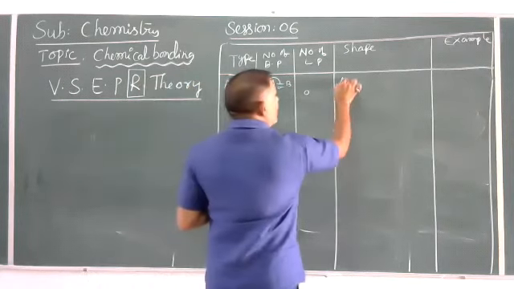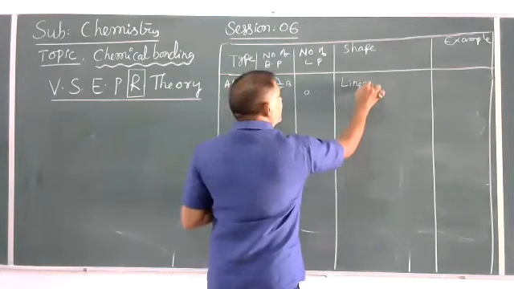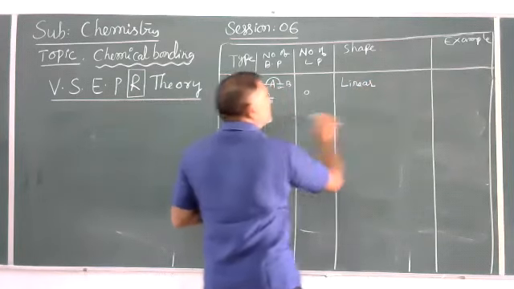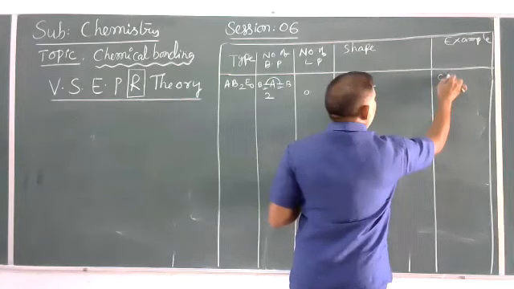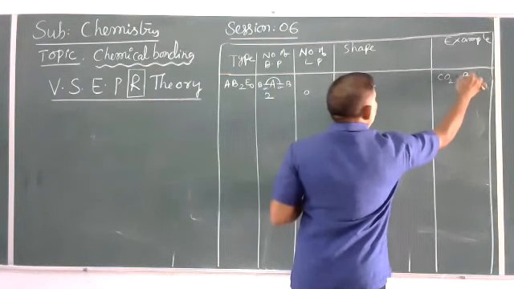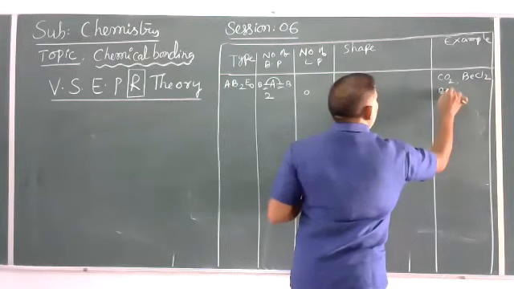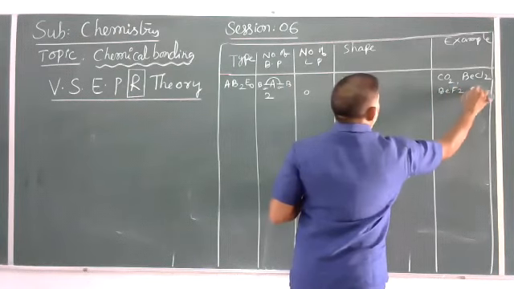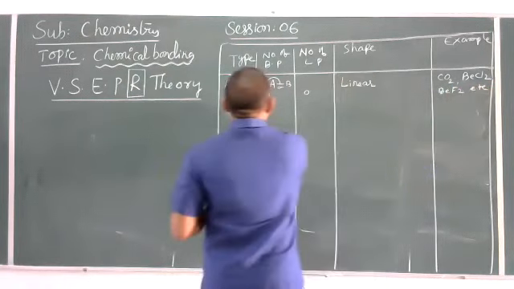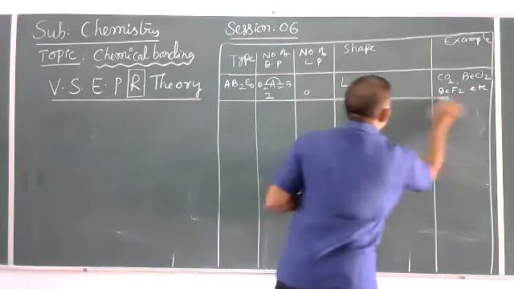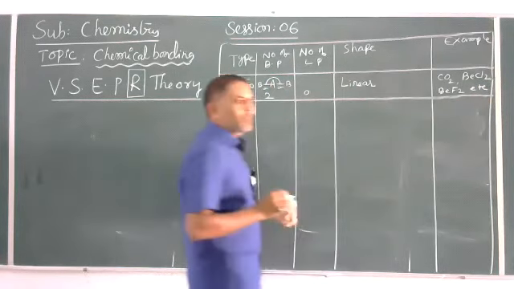The shape of the molecule is linear, like carbon dioxide, BeCl2 or BeF2.